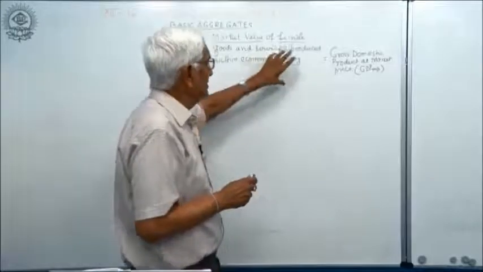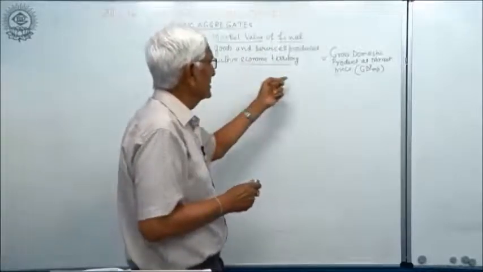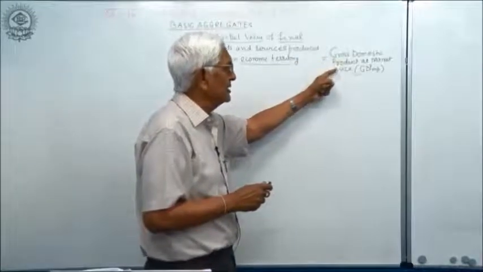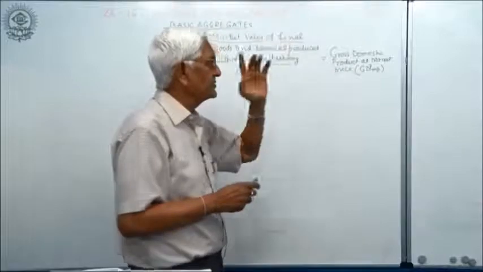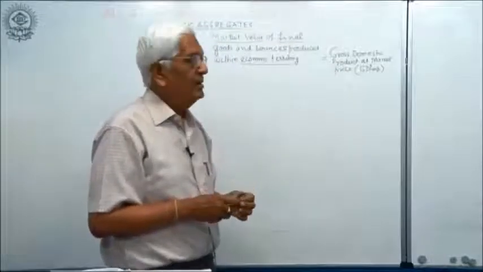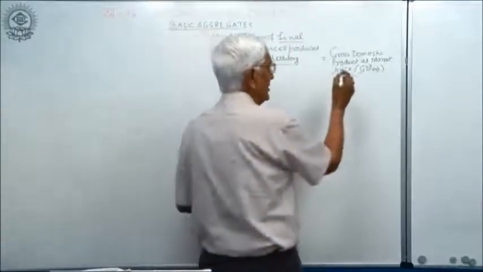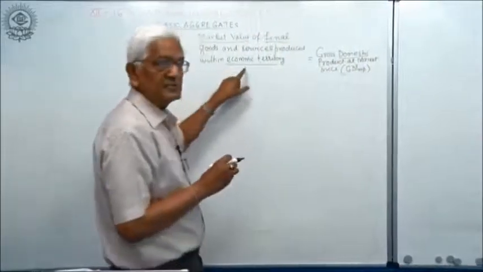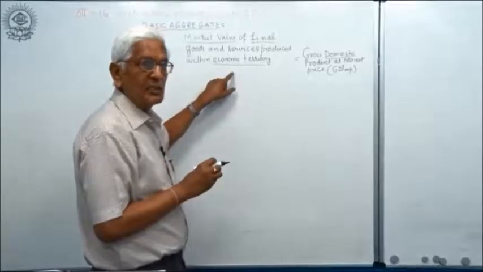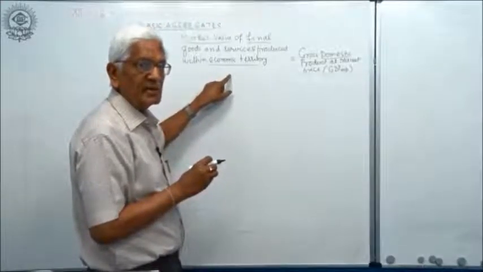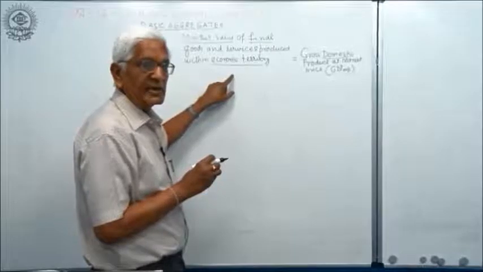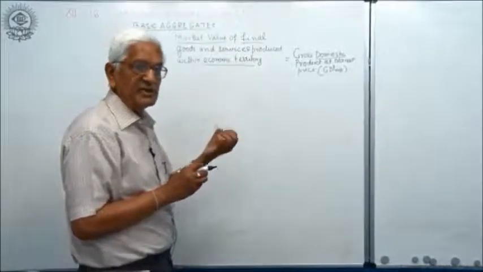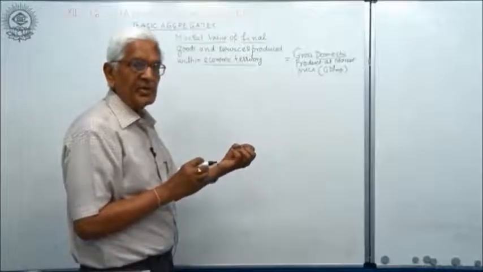So when we perform this act, it is called gross domestic product at market price. It is called domestic because of this economic territory, that is, we are taking production within the economic territory of the country.